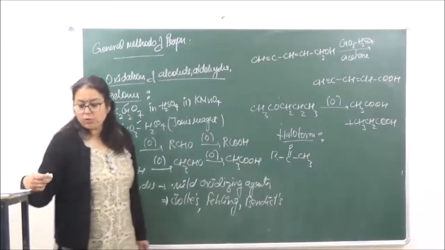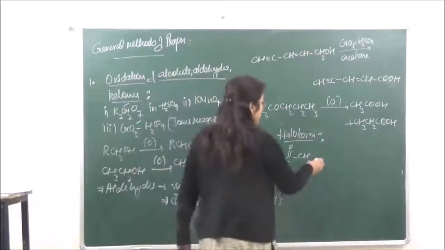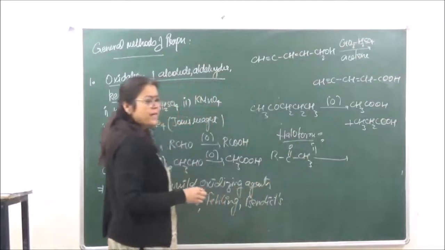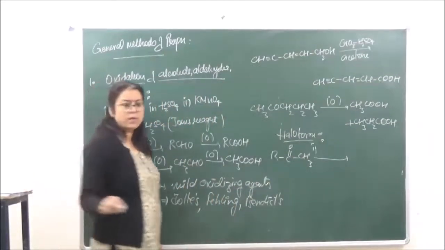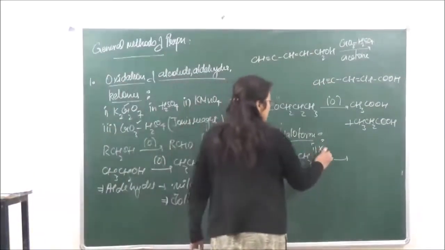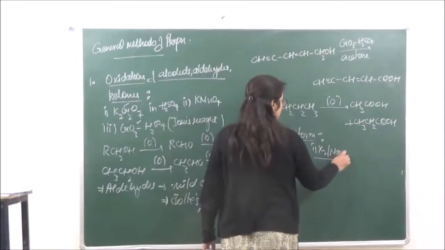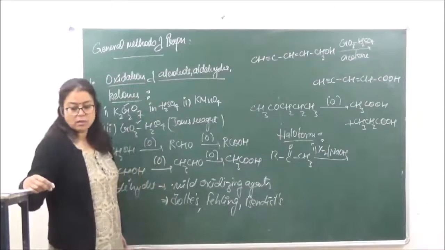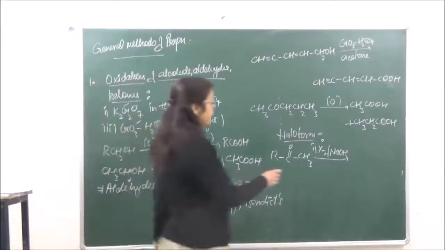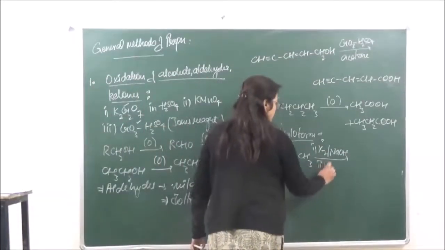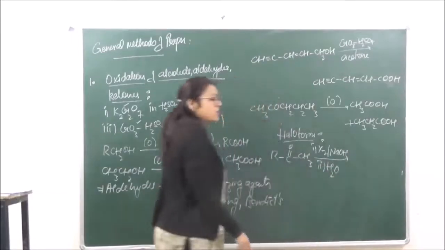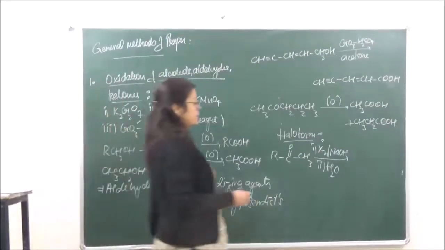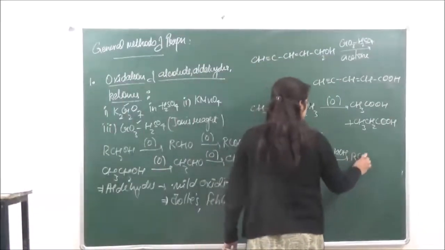Now over here we are going to react this with sodium hypohalite, or we can react it with a halogen in presence of NaOH. Okay? And in the second, we reacted with water. So what are we going to get over here? We will get the respective acid.